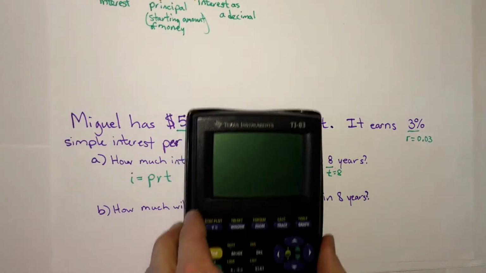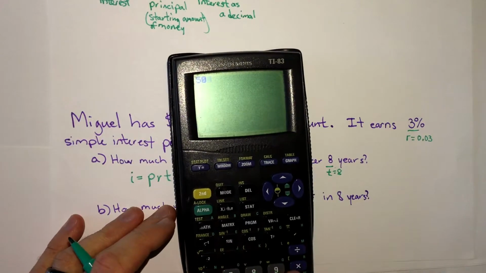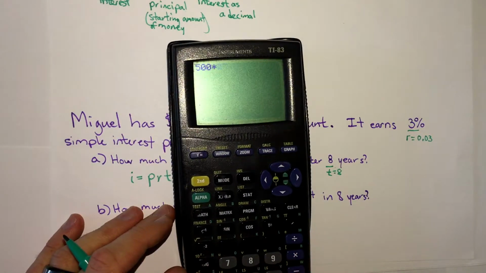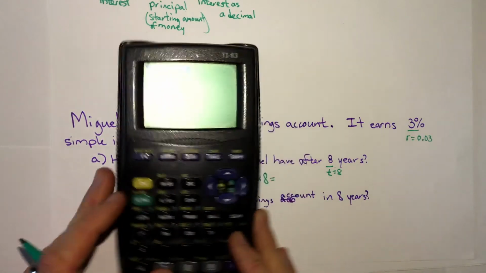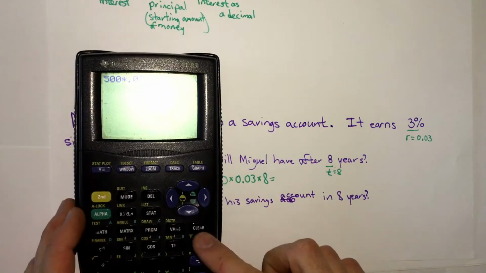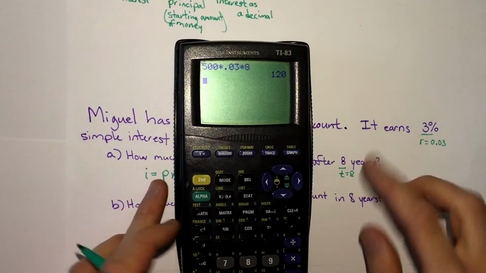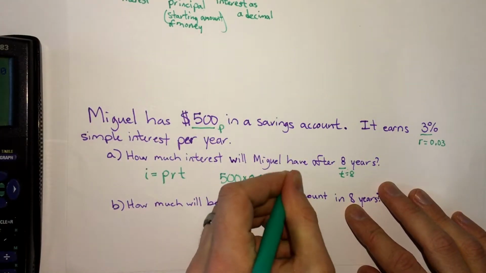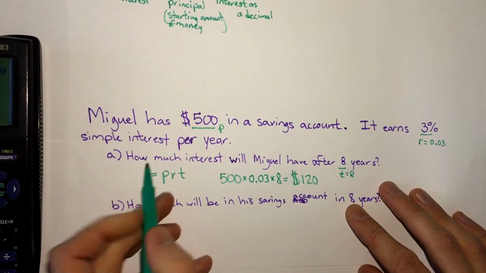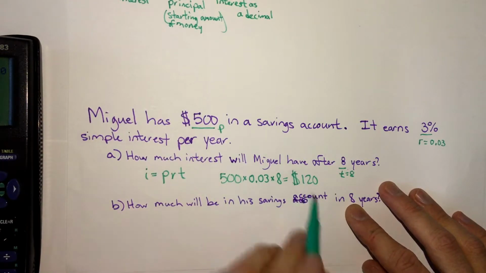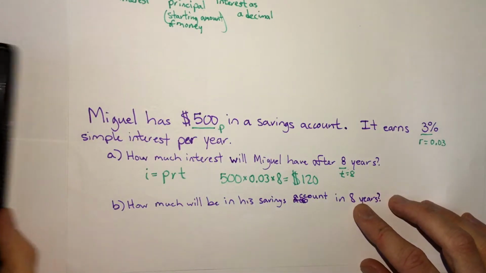And if we do that on our calculator, it's okay if you don't have a graphing calculator, any calculator will do. 500 times 0.03 times 8, and we get $120. And since it asks how much interest, our interest is $120.